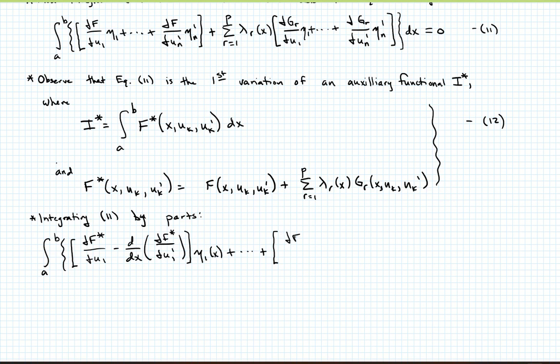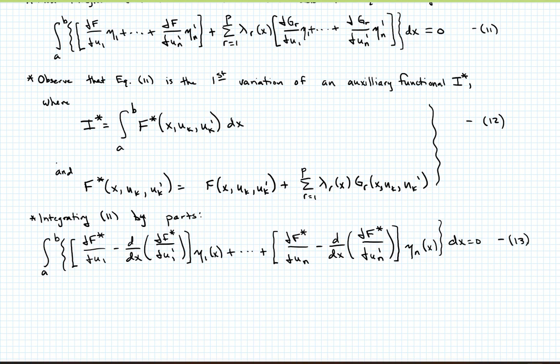Now this is partial f star, partial un, minus d by dx of partial f star with respect to un prime, close brackets, times eta n of x. We'll close the brace here, dx equals 0, and we'll call that equation 13.